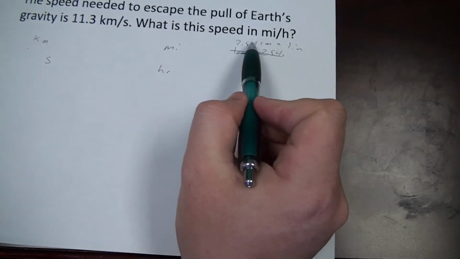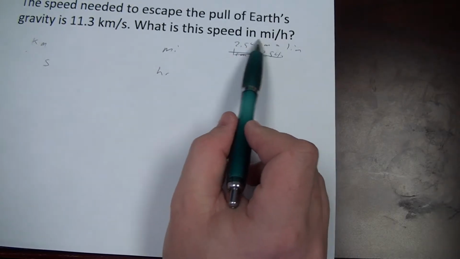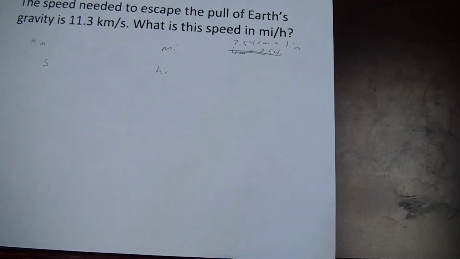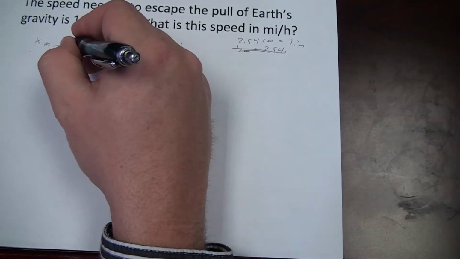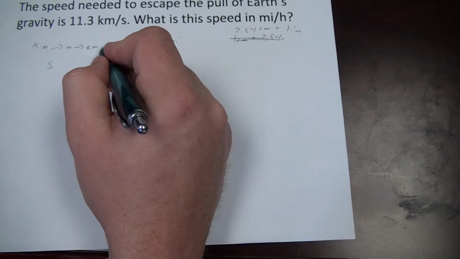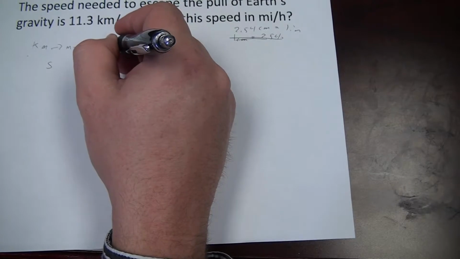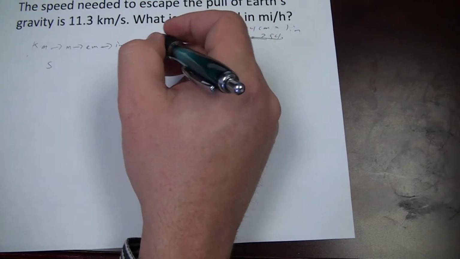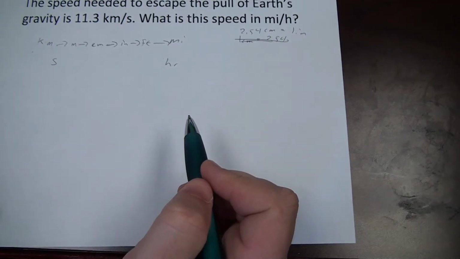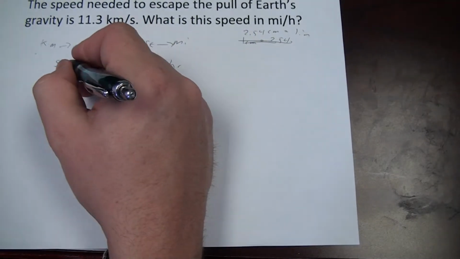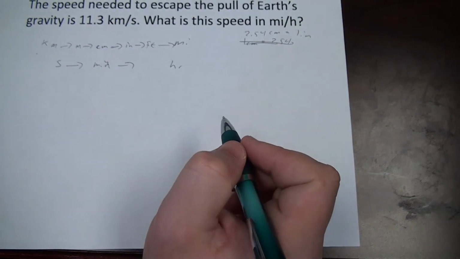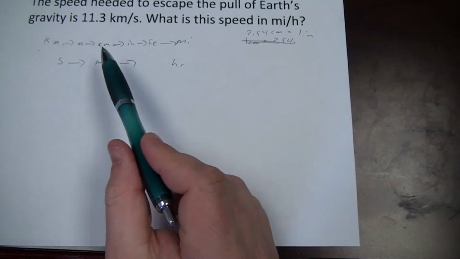So if we go from the metric unit of centimeters, we can go to the English unit of inches in that case. Which means that we're going to do kilometers to meters, meters to centimeters. Now the conversion centimeters to inches, inches to feet, and feet to a mile. That's one way you can do it. To go from seconds to hours, we can go from seconds to minutes, and then minutes to hours. That's only a two-step conversion.